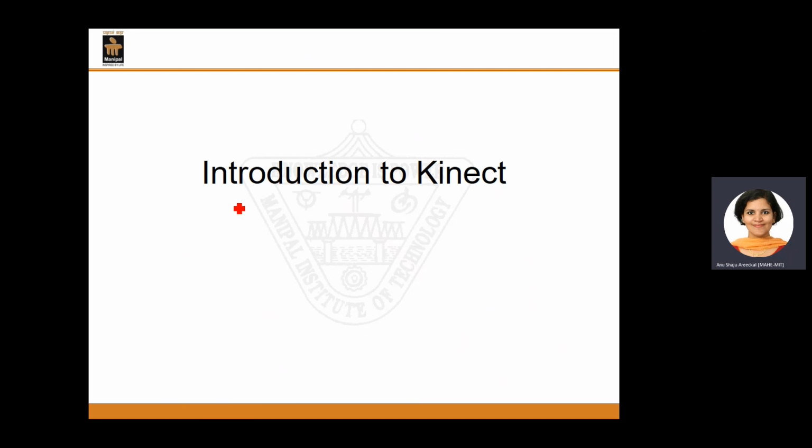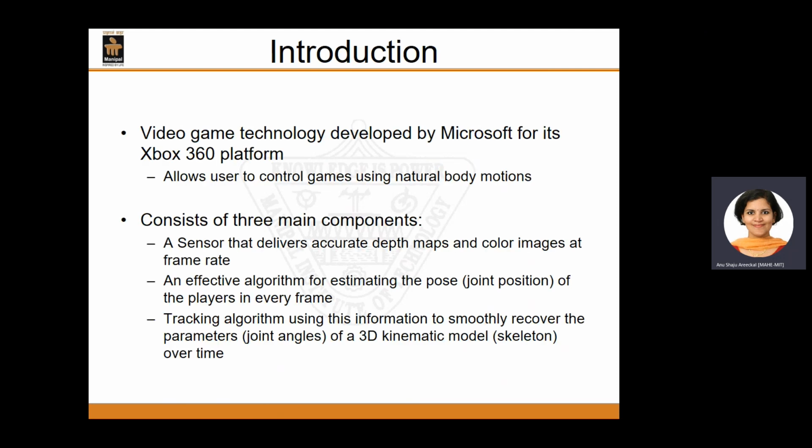Now here is the final topic that we'll be looking at, that is Kinect. I will leave this Kinect topic as a reading exercise for you, but I'll just give a very brief introduction to the Kinect sensors. Basically, the Kinect sensors have been developed for and used in Xbox 360 gaming.